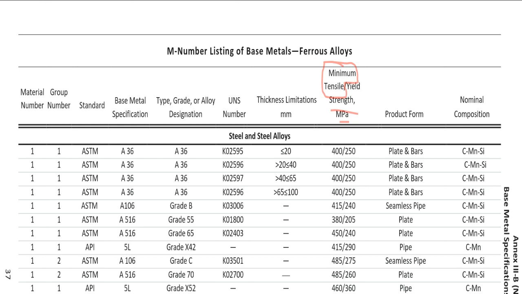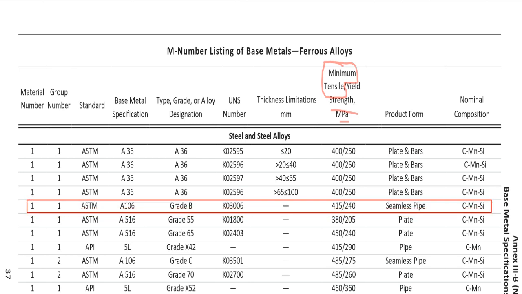So the minimum tensile strength for ASTM A106 grade B is 415 MPa, and the minimum yield strength is 240.